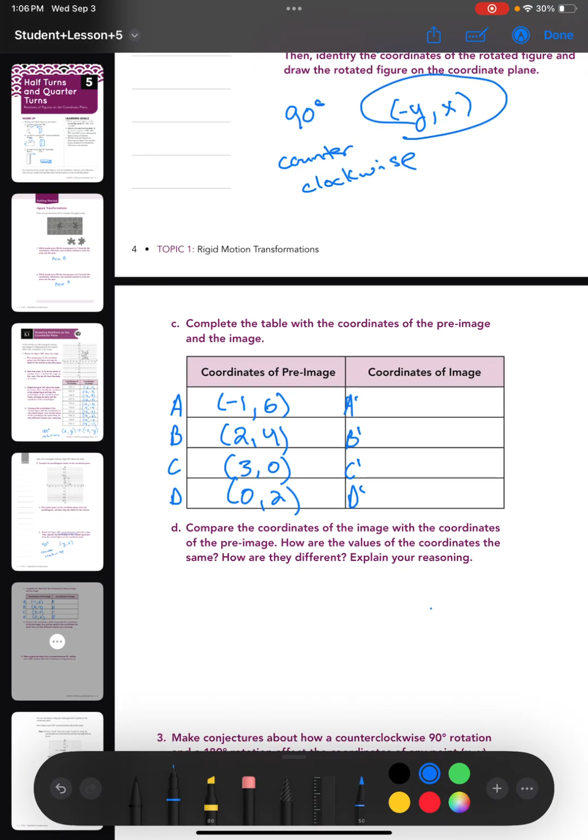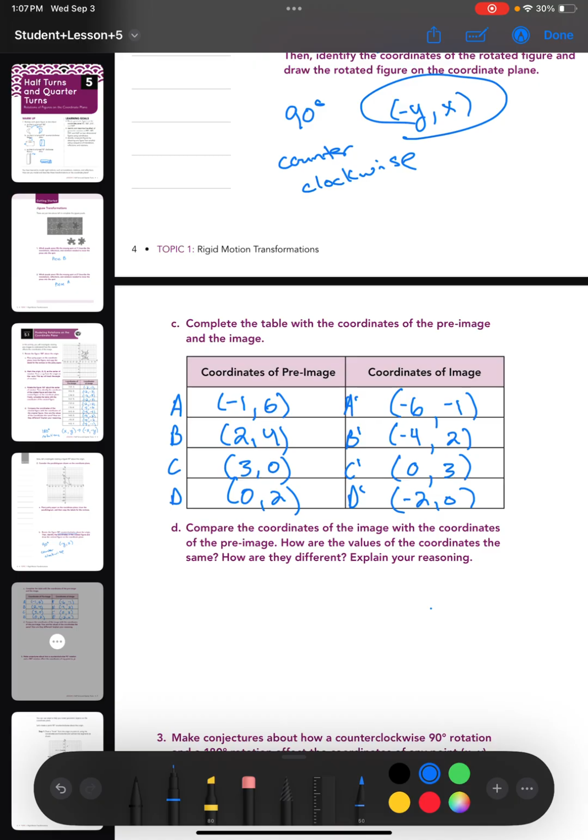So in other words, if the y was 6, that now becomes -6 in the x value. And then our x moves to the y value. So (-6, -1) is our new point. For our new B, we got (-4, 2). For our new C, now there is no -0, so it's just going to be (0, 3). And then our new D value is going to be (-2, 0).